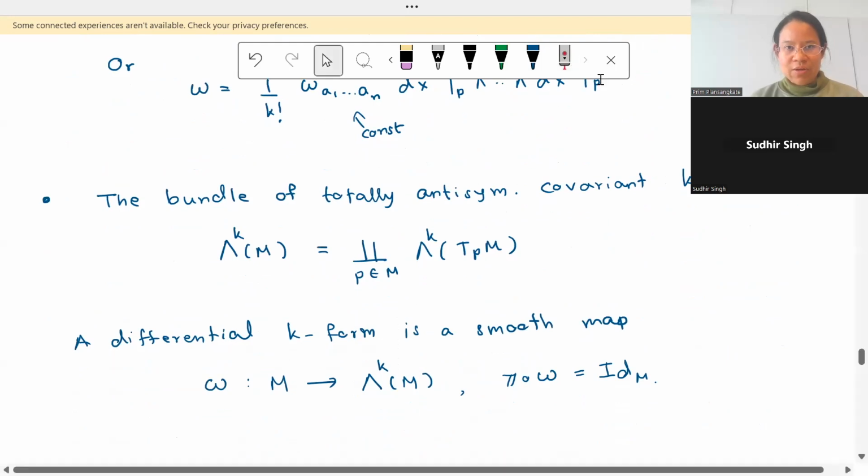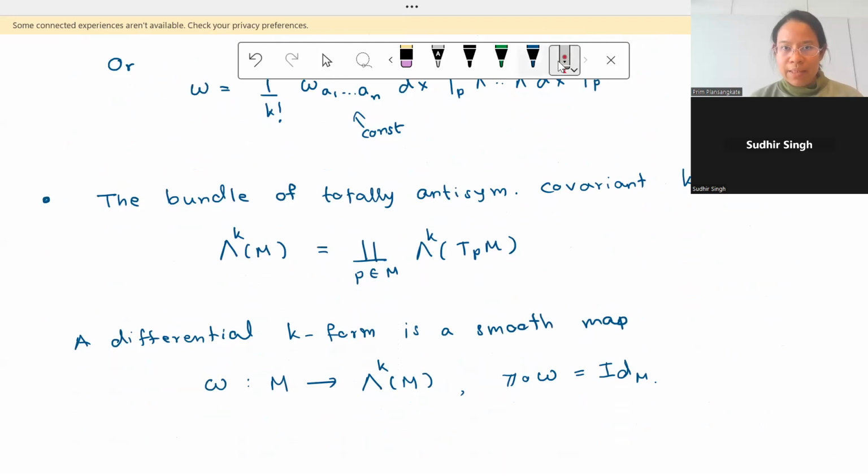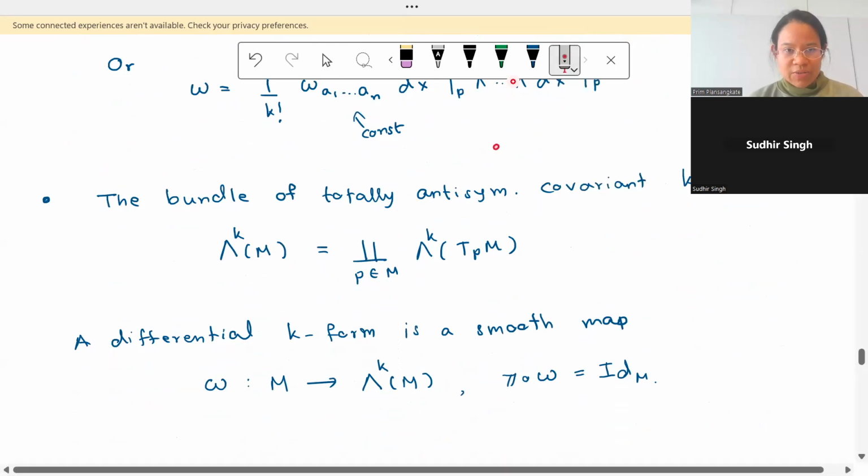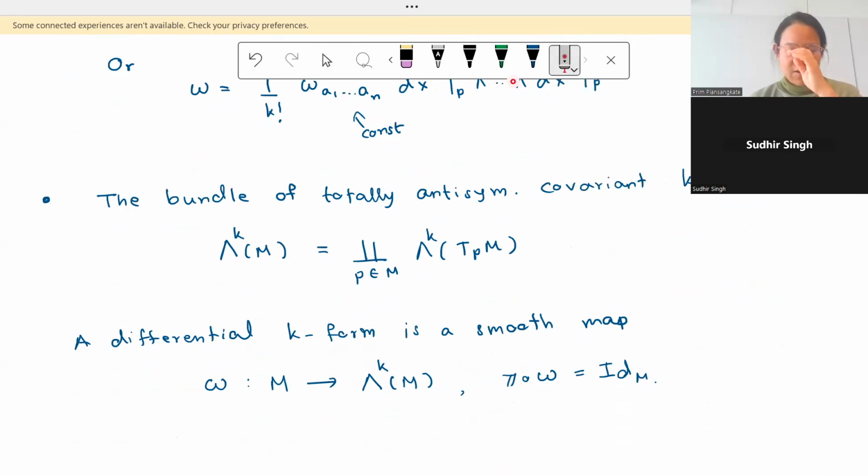So we start from the bundle, which is the disjoint union of each of the spaces at each point, and then we just define the field of these tensors like we did before. So it's a map like this, and this is a differential K form.